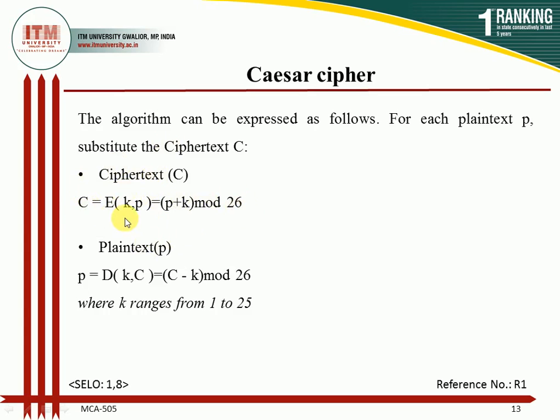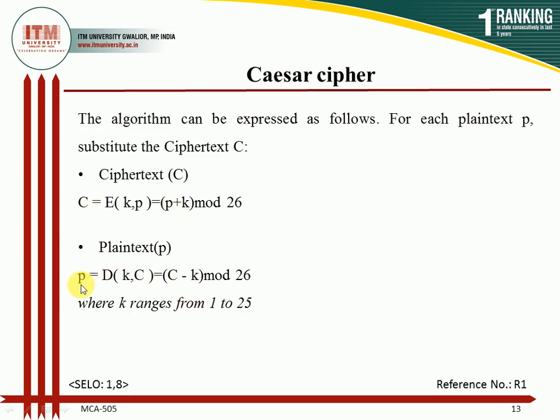If we want to convert the cipher text to plain text again, the formula will be the same, but here we use plus and there we use minus, right? Here I am using P because we can convert the cipher text to plain text again.